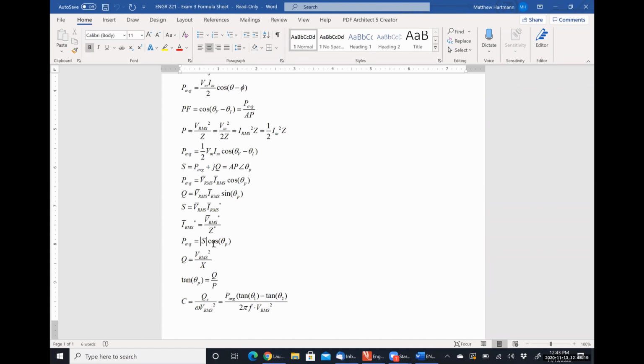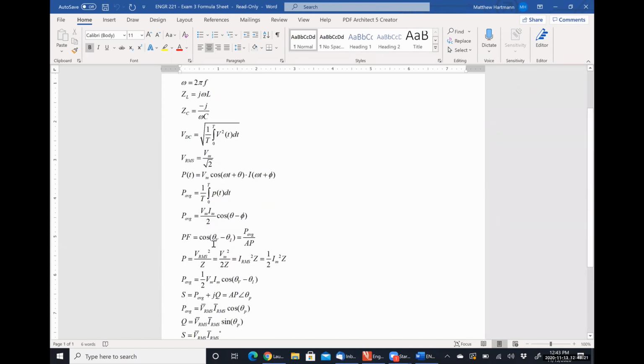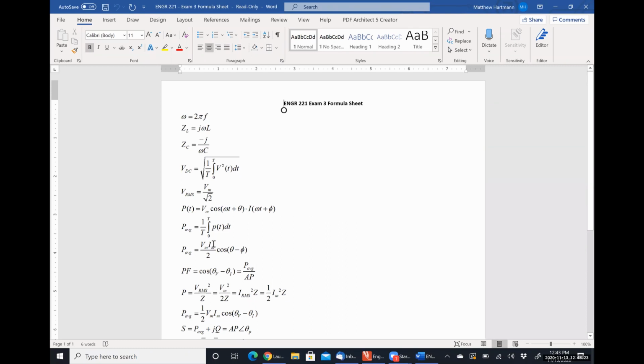Just be aware that because it's cumulative, this equation sheet is only valid for most of the material that we've covered after exam 2. So all of the old equations, relating energy and power, current and charge, and the voltage current relationships for resistors, capacitors, and inductors are all still fair game for stuff you're expected to actually know.